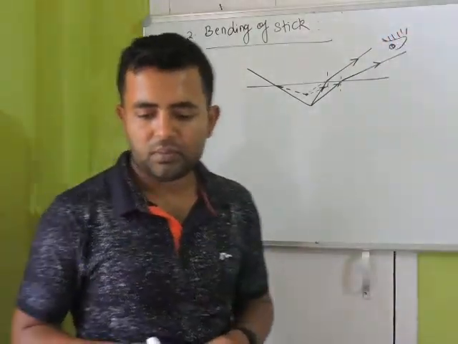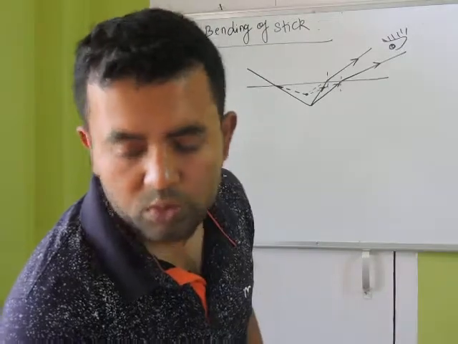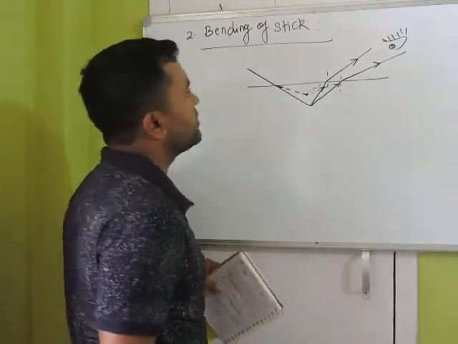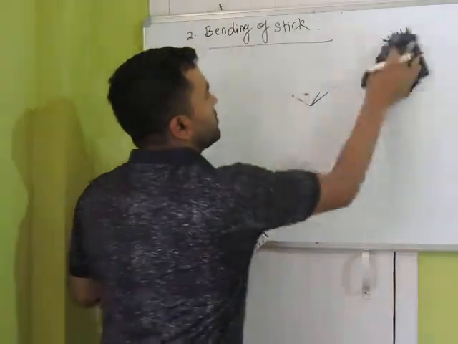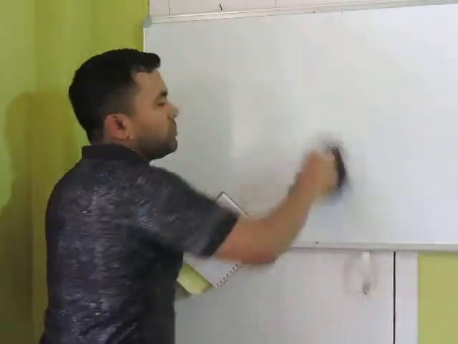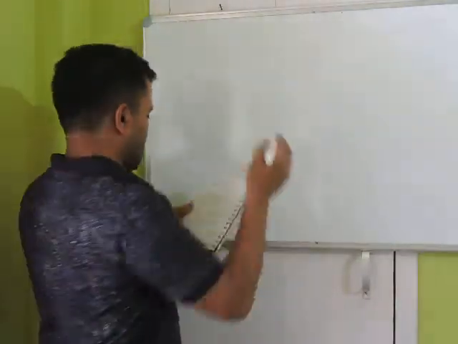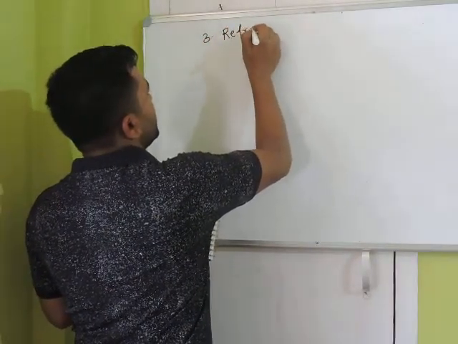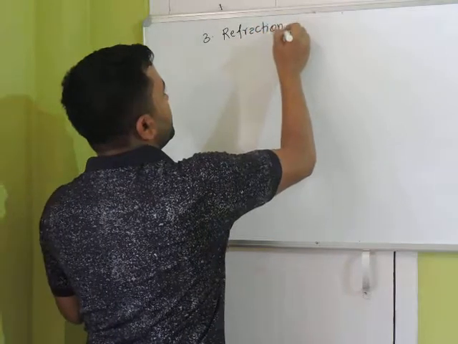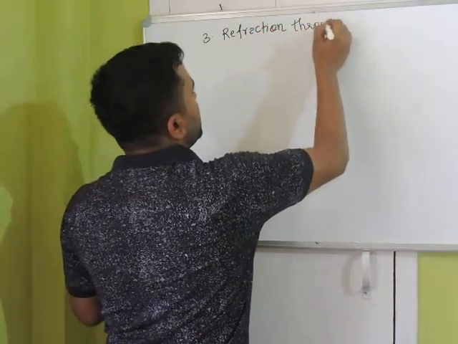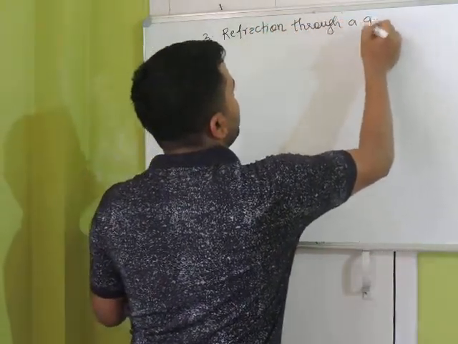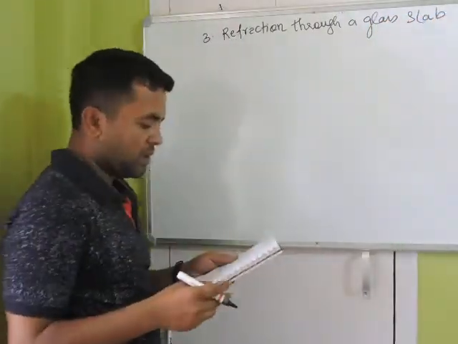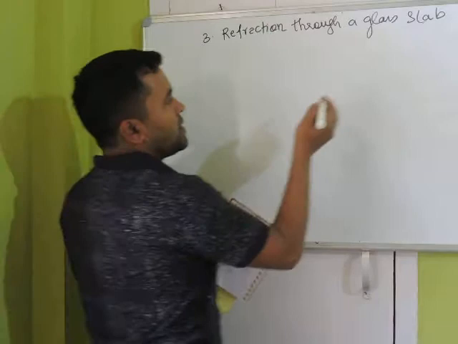Right. Now we are going to talk about the third application, refraction through a glass slab. I discussed this question in the last lecture also, but let us just have a look.